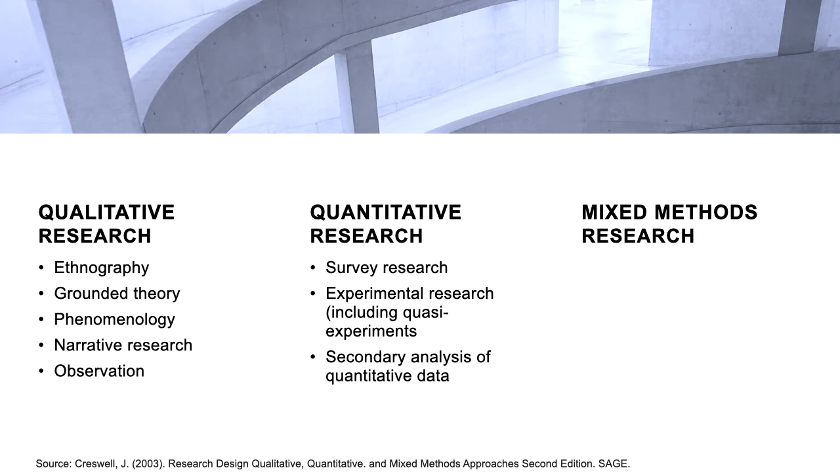However, some surveys will also include or even be made up entirely of open-ended questions that will require qualitative narrative responses. Experimental research, which is the basis of what we now consider to be the scientific method, also leans more to the quantitative side. Finally, you can also do secondary analysis of quantitative data.